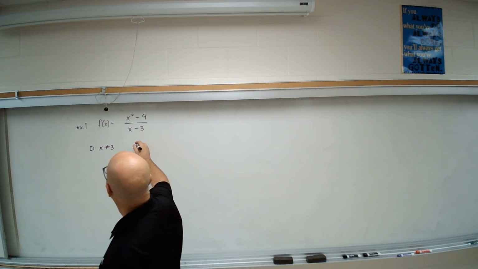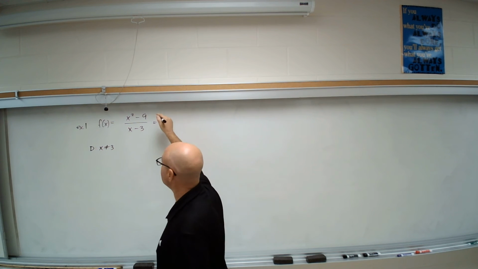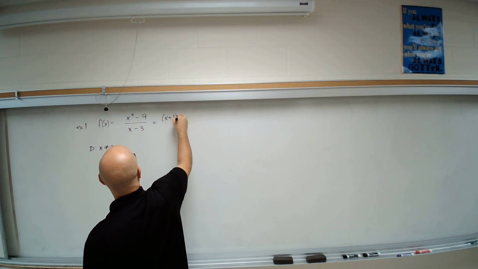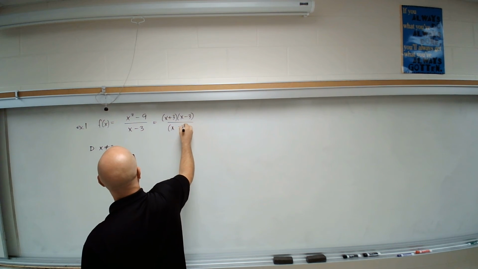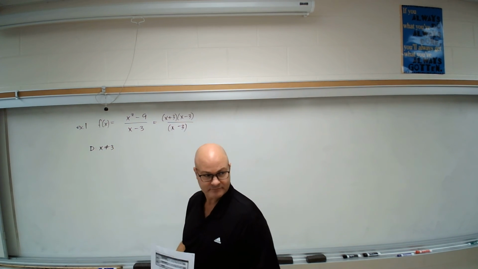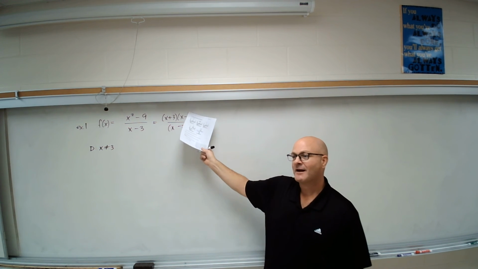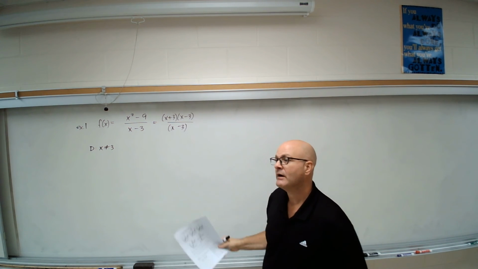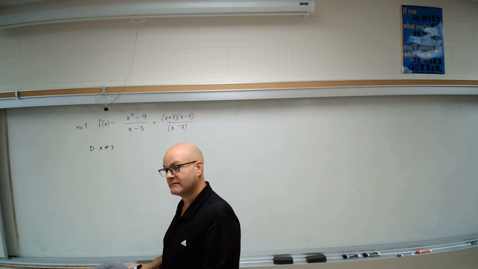Now, as I look at this function, do you see the numerator factors? Right, so we get x plus 3, x minus 3 over x minus 3. Well, if you notice here, we have a matching factor on top and bottom. So if we get a matching factor, we actually can simplify this equation.